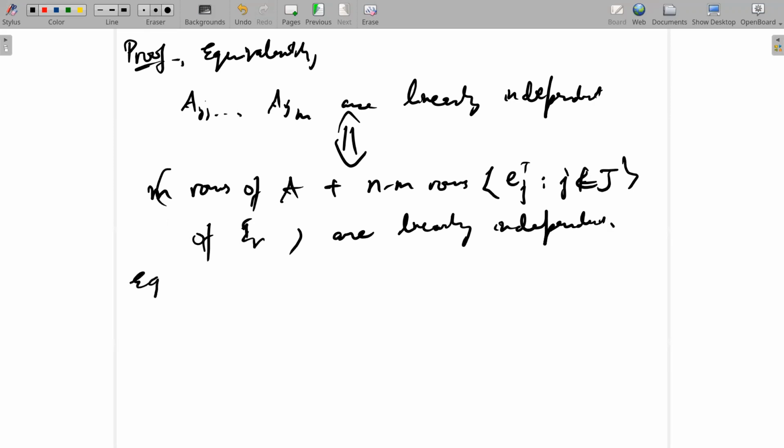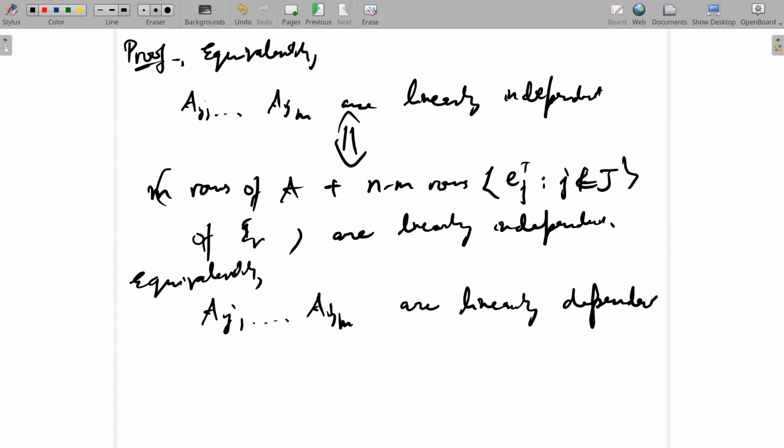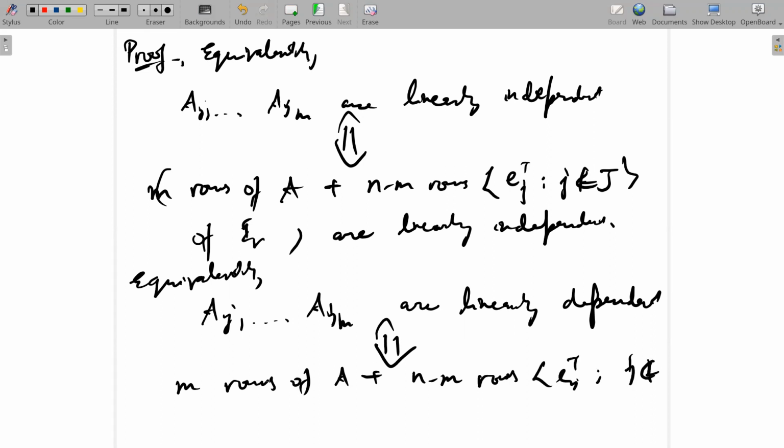Again, this is all very obvious, but I'll state it anyway. Since this is an equivalence of two statements, I can replace it by a negation. I want to prove P if and only if Q. I can just prove not P if and only if not Q. That suffices. So what I really want to prove is that these columns are linearly dependent if and only if the m rows of A plus the n minus m rows e_j transpose, where j is not in J, are linearly dependent.